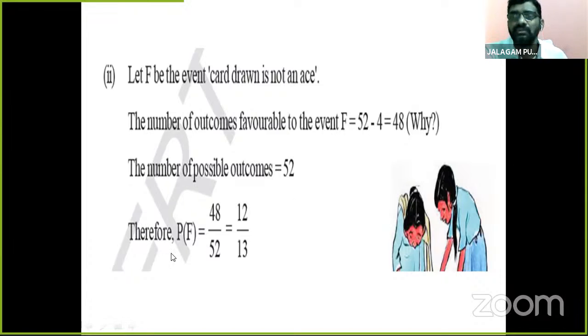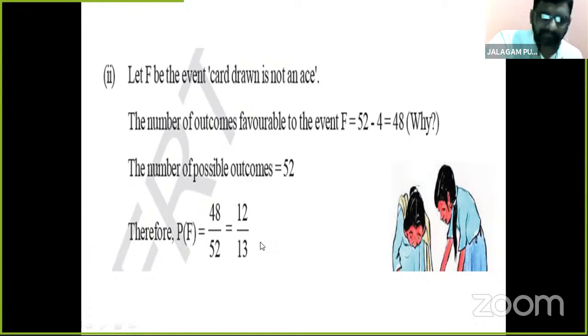So by our formula, probability of F, where F means not an ace, is equal to 48 by 52. 48 is the favorable outcomes and 52 is the total possible outcomes.